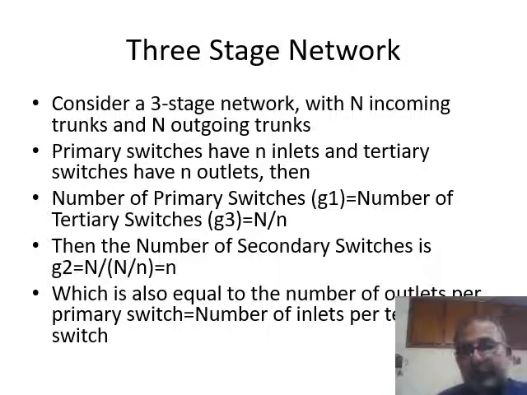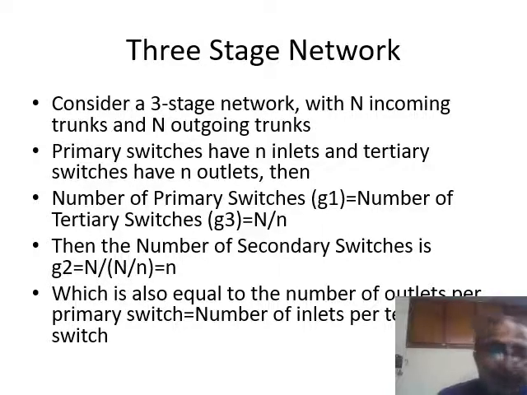How did we do that? We have divided capital N. We are considering small n outlets, and we have got capital N over small n outlets per secondary switch. Capital N is the total number of outlets and capital N over small n is the number of outlets per secondary switch.